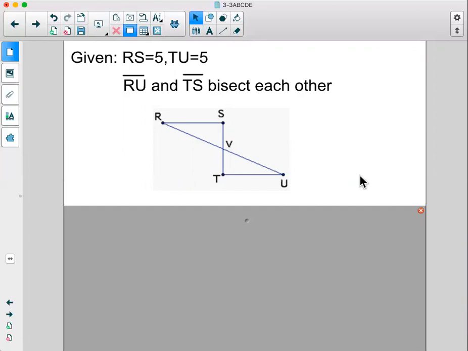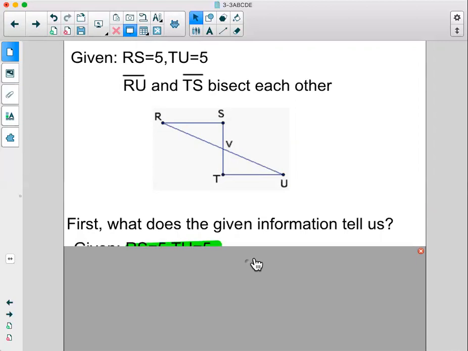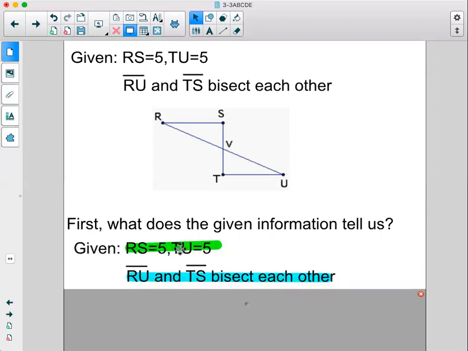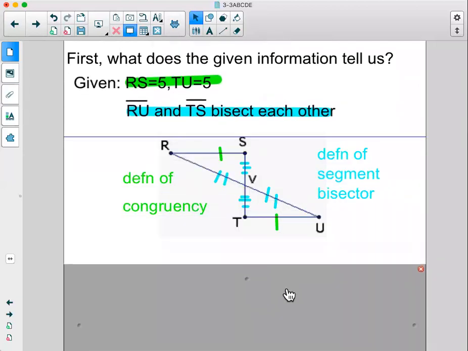The first thing we have to do is ask ourselves, what are we given? We're given measurements are the same, and we're given that these two segments bisect each other. So what does the given information tell us? There are two different bits of given information, and they each tell us something else.